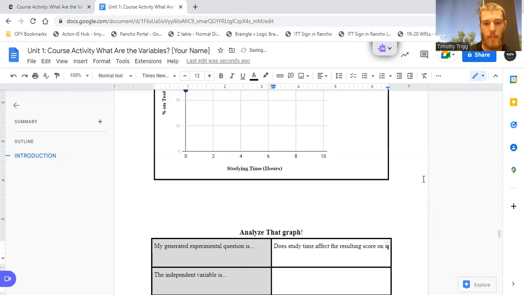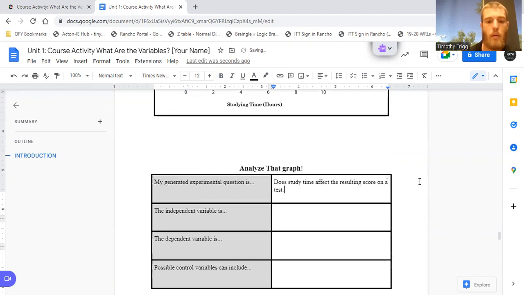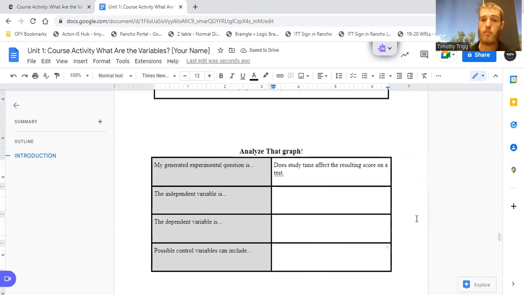I shouldn't say exam. They use the word test. I should say test. Okay. What are possible control variables? Well, we want to give all the students the same test, right? All students are given the same test. Test and testing environment.